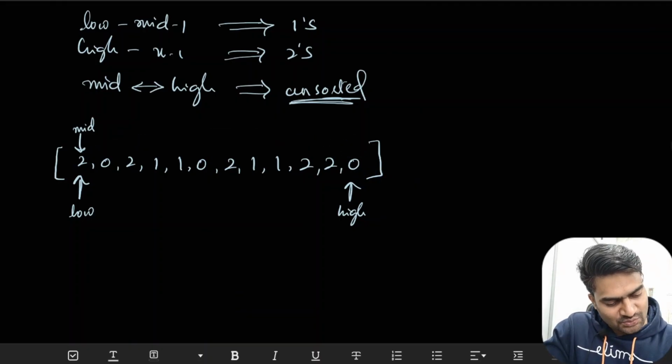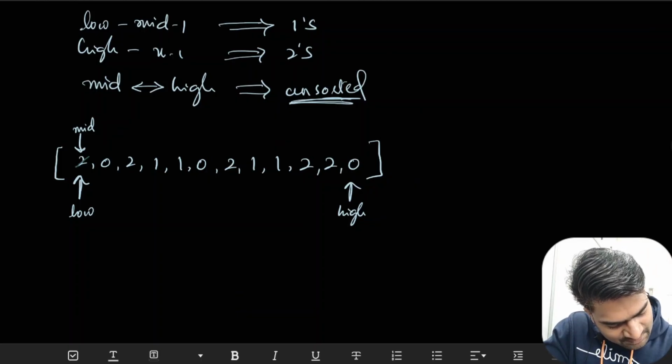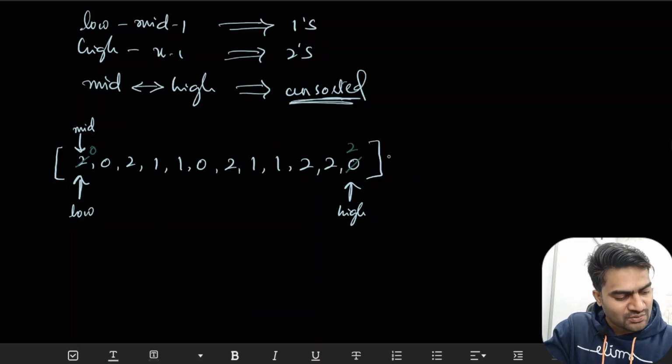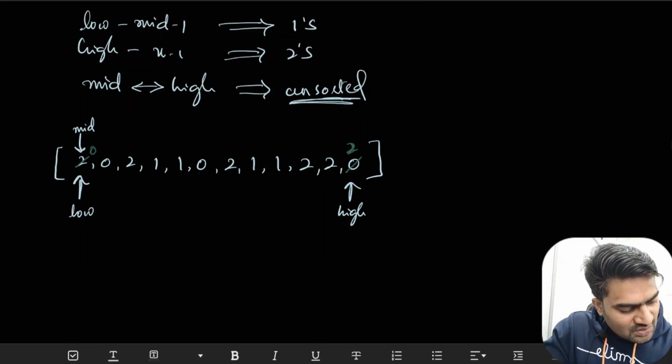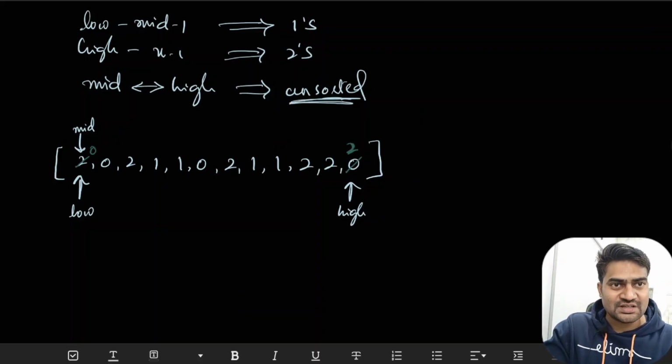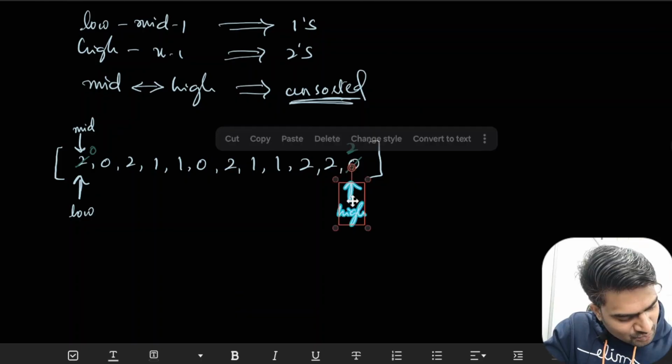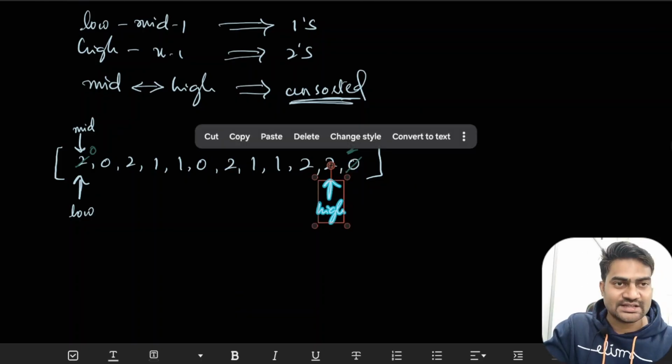So I will swap 0, then this becomes 2. Now this 2 is already in its correct position. So my high pointer should move one position left because next it has to place the 2 at that next index.